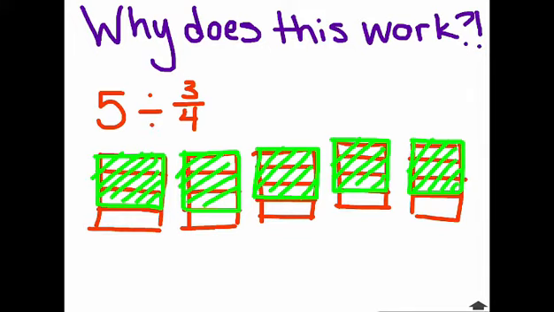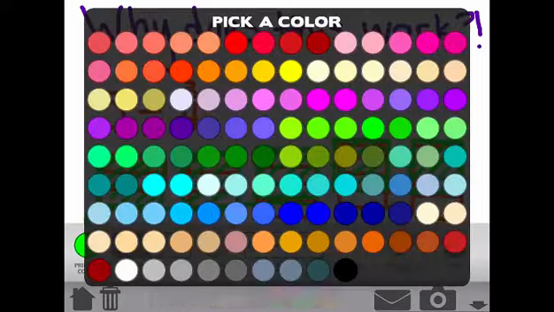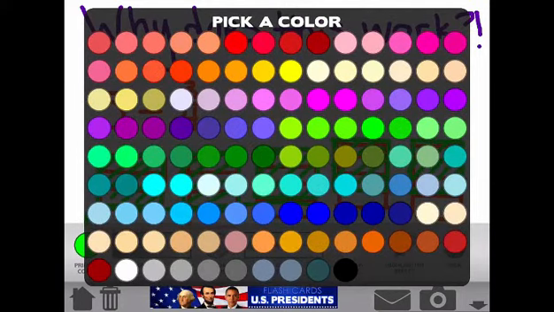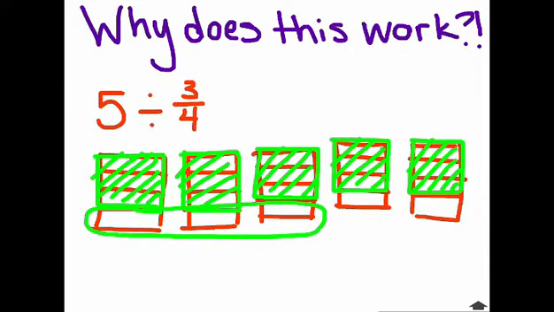Now I can take along the bottom of these containers and I can make another group of 3/4. And actually let's change this color again to make it a little bit easier to see. So here I have a 6th group of 3/4.